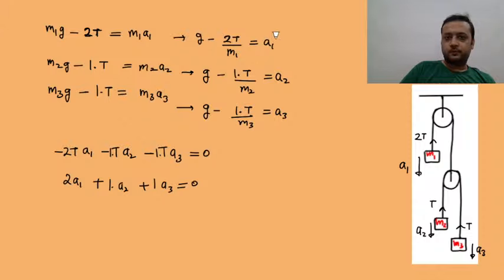Now what you have to do is put the value of a1 here. Pay attention, because now is the time that will help you understand how we got this formula.